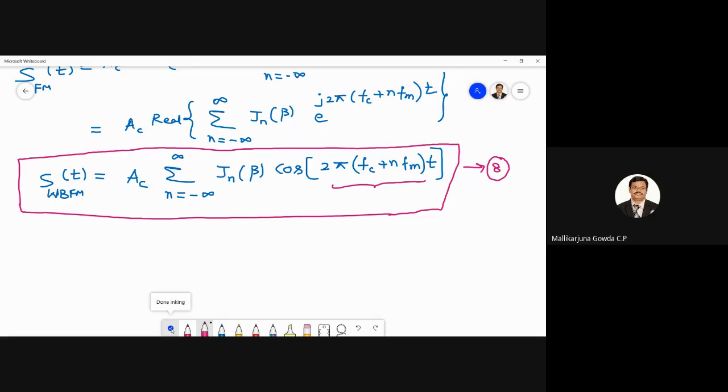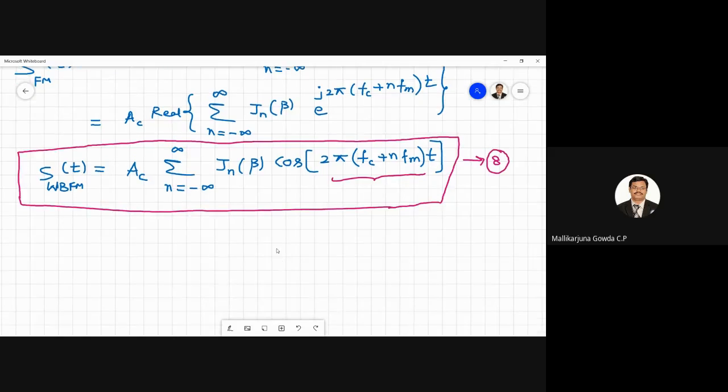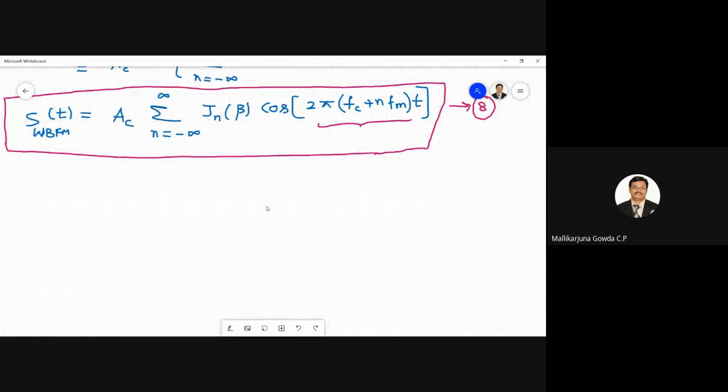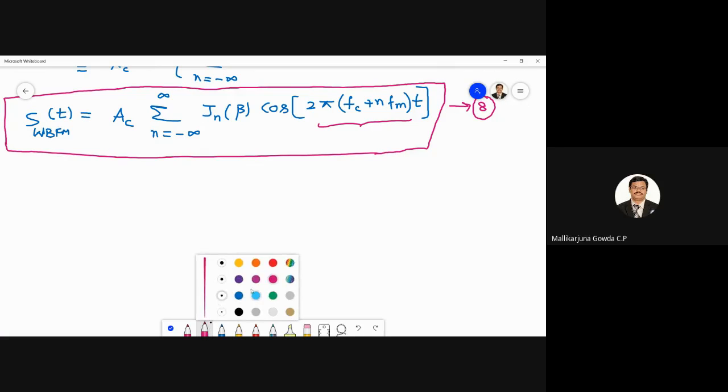We'll write the expression in the frequency domain also. Just take the Fourier transform of this, and we'll be able to express it in the frequency domain. So let us write that also. Take the Fourier transform of equation 8.